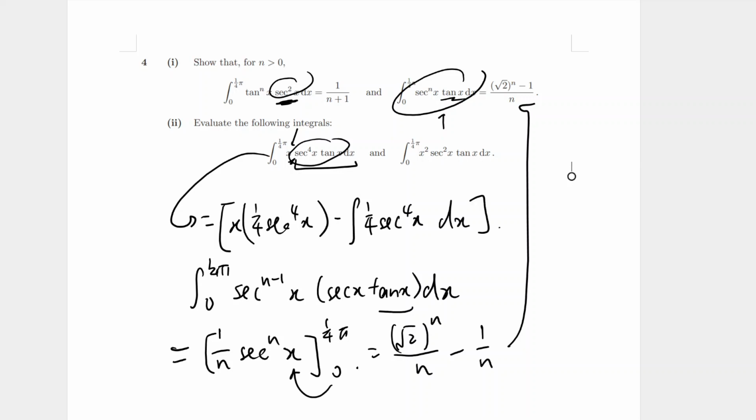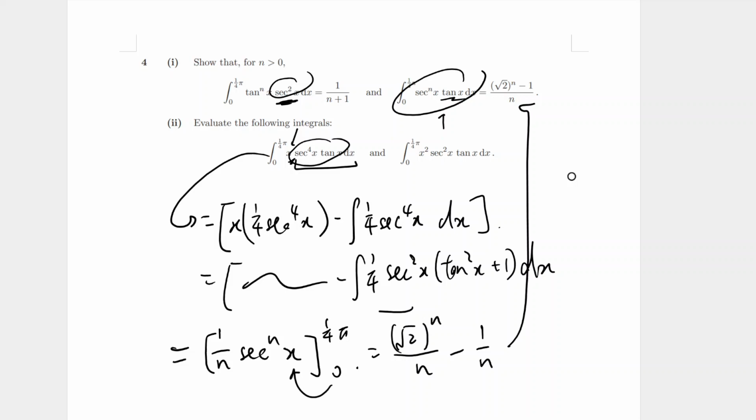And how do I integrate sec^4? Well, whatever the first bit is, minus, the technique is sec squared x, and then sec squared x minus 1. Tan squared x plus 1 is sec squared x, I'm being silly. And you know how to integrate this by part 1, right?